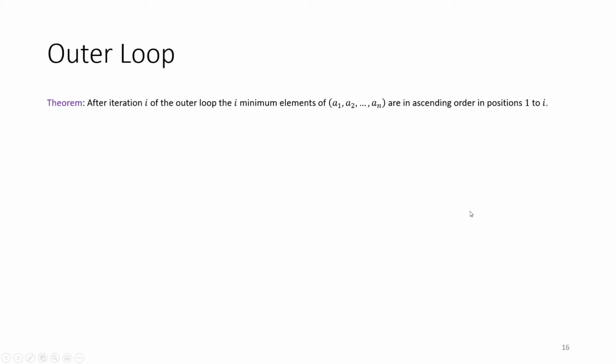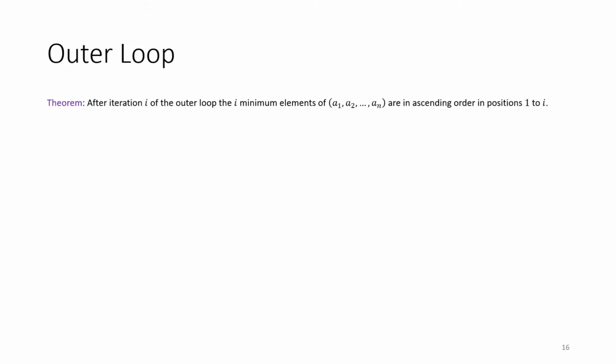So in the outer loop invariant, now we're talking about that outer loop. Let's think just for a second about what that outer loop was. The inner loop, remember, was finding that minimum element for us in that important range, and then the very last thing we do is we swap that minimum element into position i.